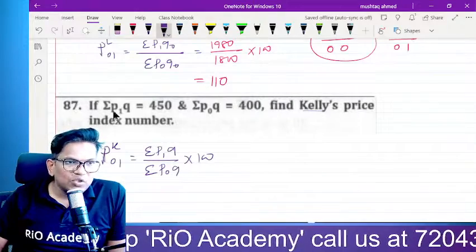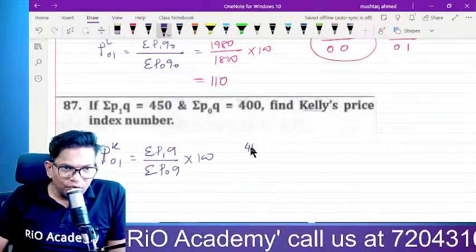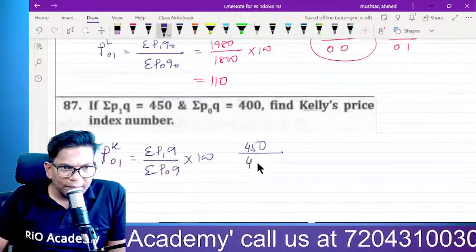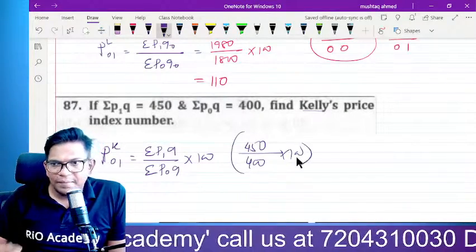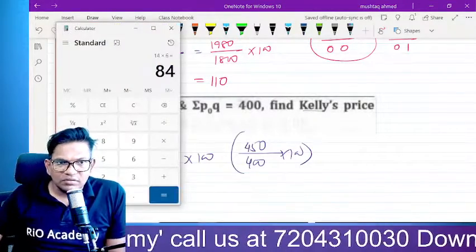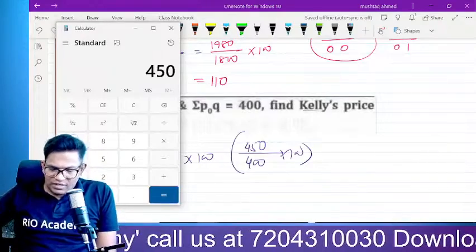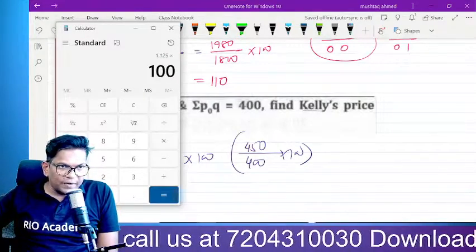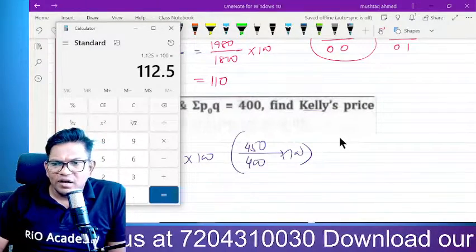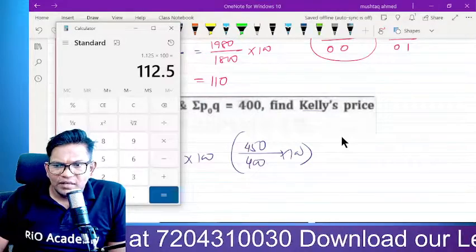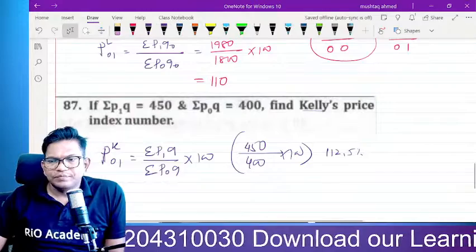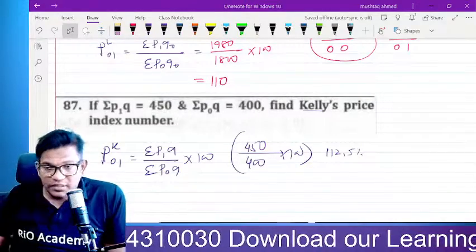So this is Kelly's. 450 divided by base 400, multiplied by 100. How much is that? 450 divided by 400 into 100 is 112.5, right? Yes or no? Yes, you are right.